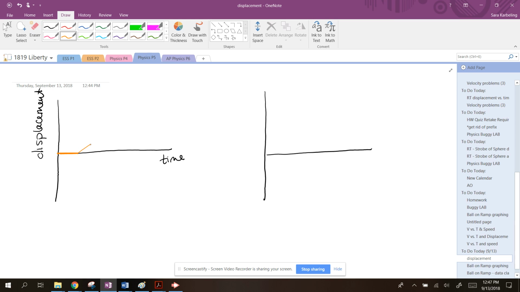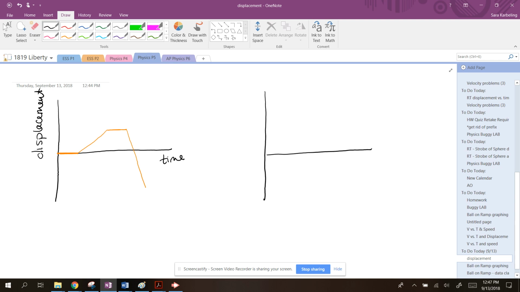And then it goes flat for a little bit. And then with a steeper slope, it goes down past the x-axis. Okay, nice. Thank you so much. All right. Do you guys agree with her, first of all? Yes. Awesome.